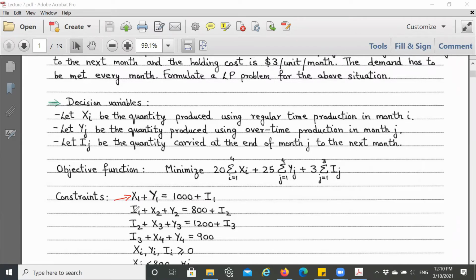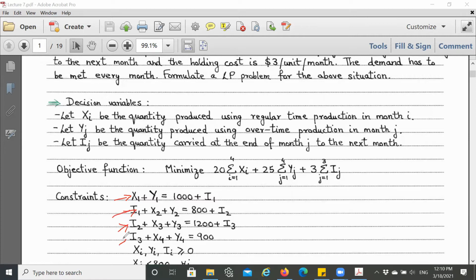Then the second constraint is the amount that I carried from the first month plus what I produce in overtime and regular time should be equal to the demand I have to satisfy, plus the amount that I will be additionally producing for the next month, which is I2. And similarly, you have it for the third month.